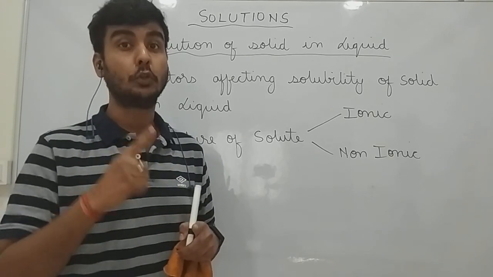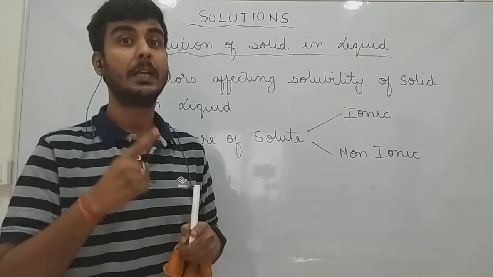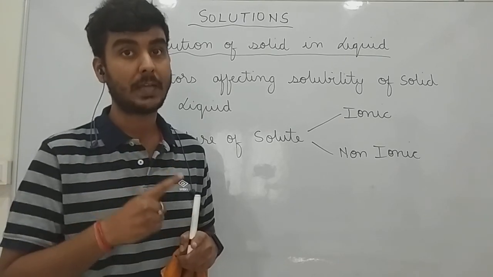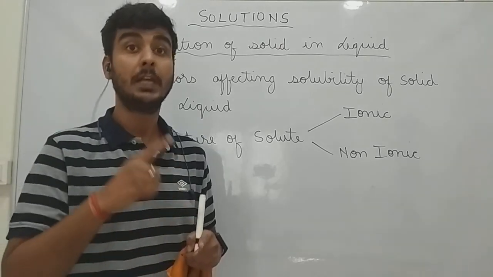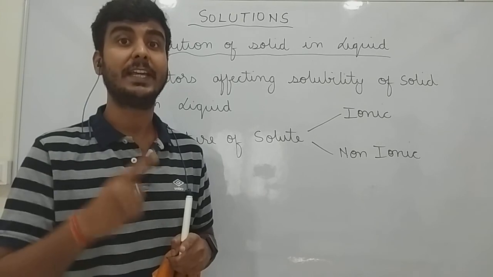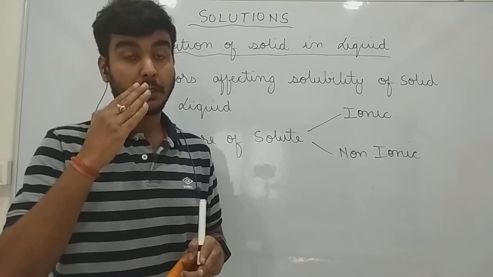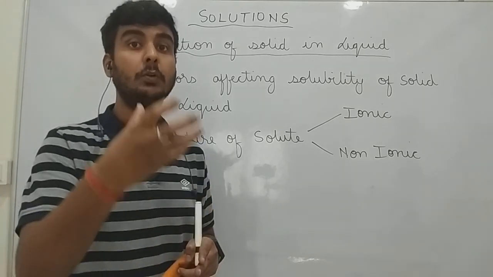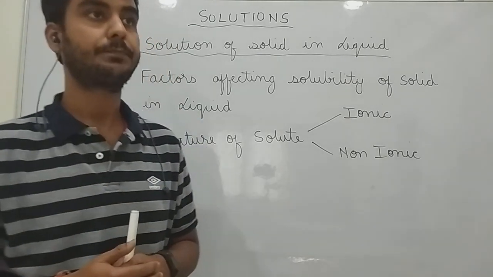So it is not easy to dissolve ionic solids. Why is it generally not easy to dissolve ionic solids? Because they have high lattice enthalpy, and to break that lattice you have to supply that lattice enthalpy, which is lattice energy.